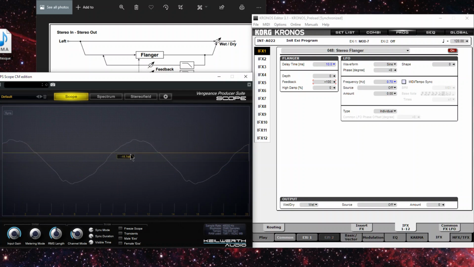But notice that we do have artifacts here. Now those artifacts come from this delay buffer. I'm not exactly sure about the particularities, but there's a number of reasons why. Like for instance, we know that our internal processing is occurring at 48 kilohertz.